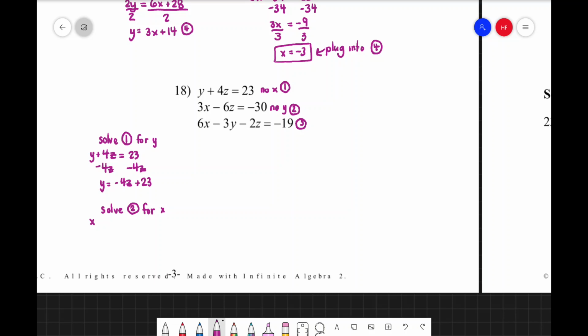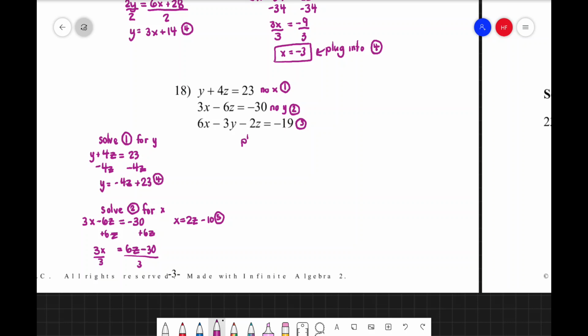I have 3x minus 6z is equal to negative 30. I'm going to add that 6z to the other side. So we get 3x is equal to 6z minus 30. Divide everything by 3. And we get x equals 2z minus 10. So I'm going to say that this is equation number 4, and this is equation number 5.